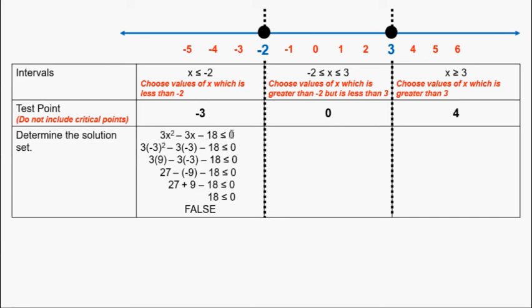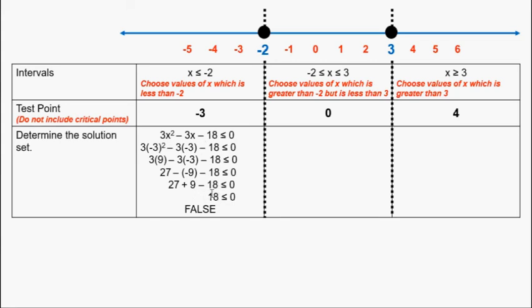Ito yung original inequality. Palitan mo lang yung mga x, ayan, yung lahat ng x ng -3 and then you simplify. Okay, you will just replace all the variables dito. Ayan, ipalit mo itong ating test point and then simplify.